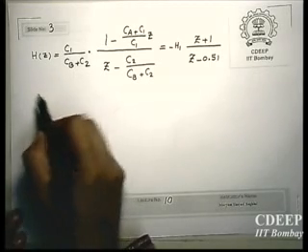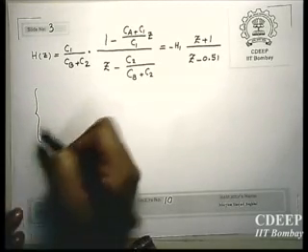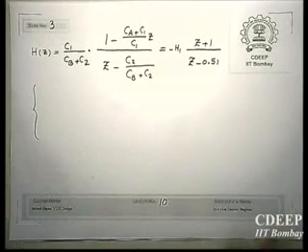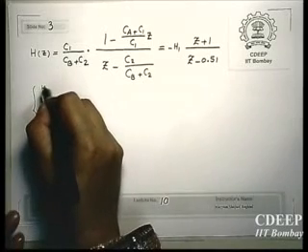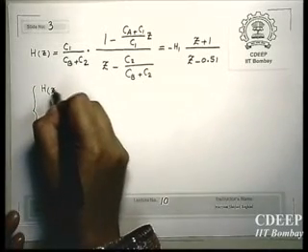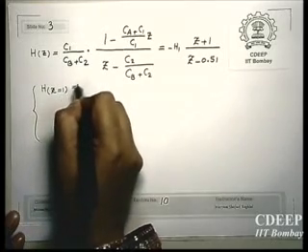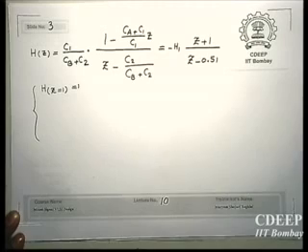So now we will get these equations. And then for H(z), suppose for simplicity I consider z equal to 1, this is zero frequency.